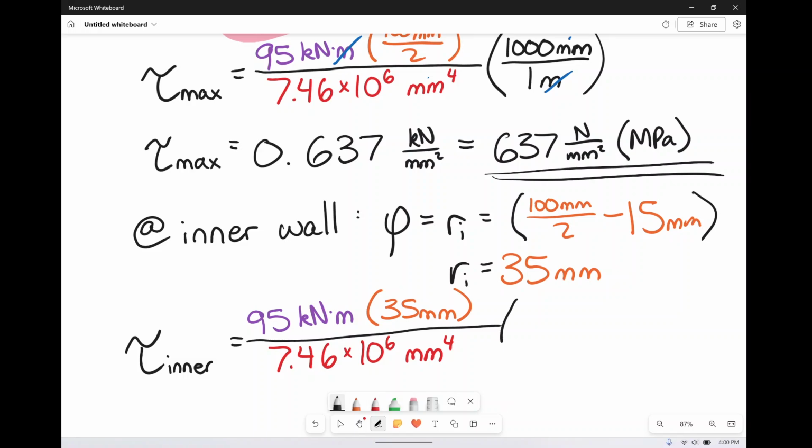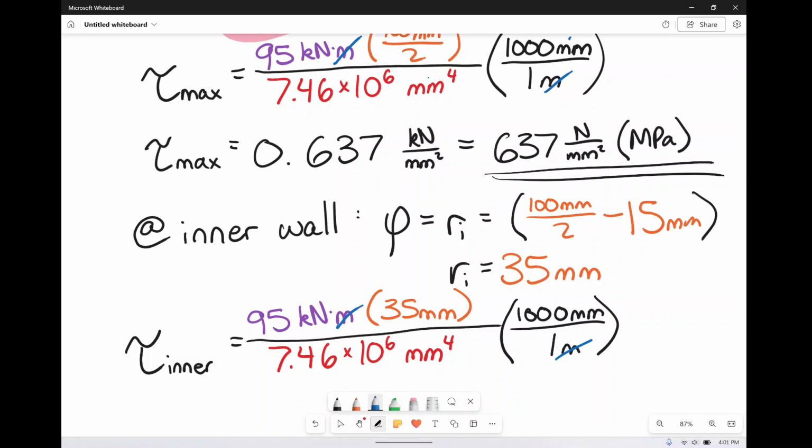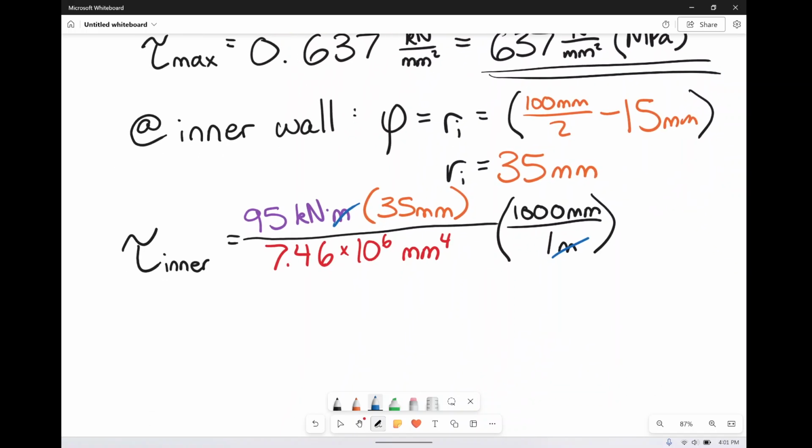Again, we have meters and millimeters, so we need to change somebody, so let's change this to 1,000 millimeters in 1 meter. Cross out our units, make sure they're going away. Goodbye meters, goodbye meters. We're going to be left with kilonewtons per millimeter squared. So our inner value for shear stress is going to be 0.446 kilonewtons per millimeter squared.